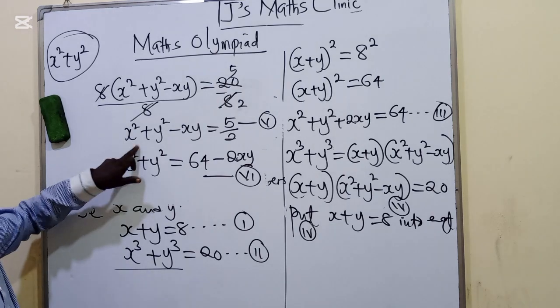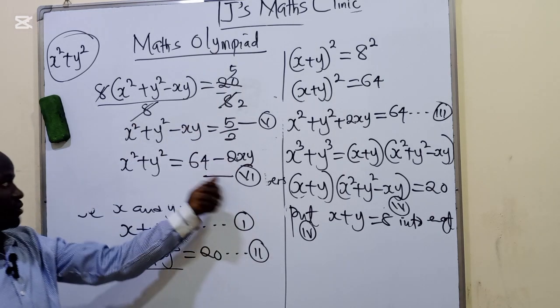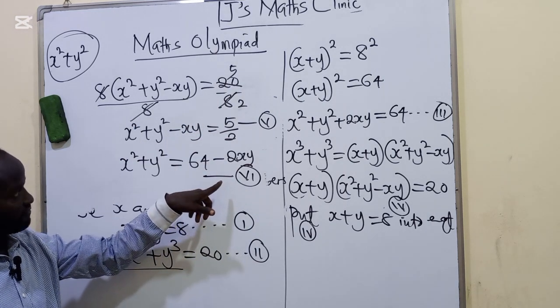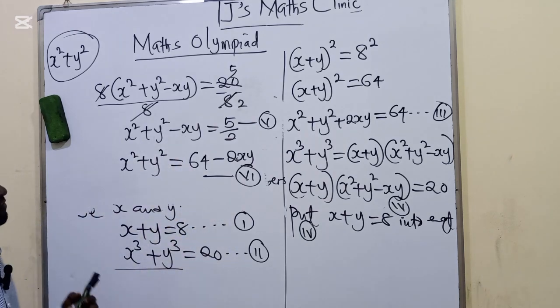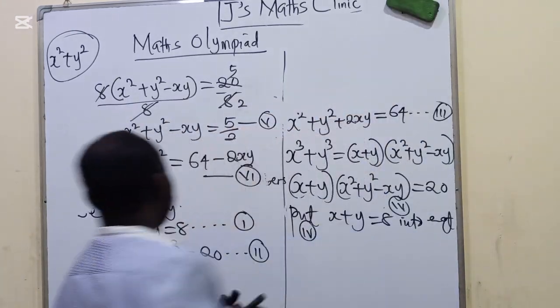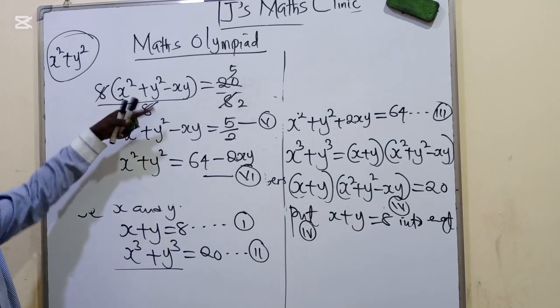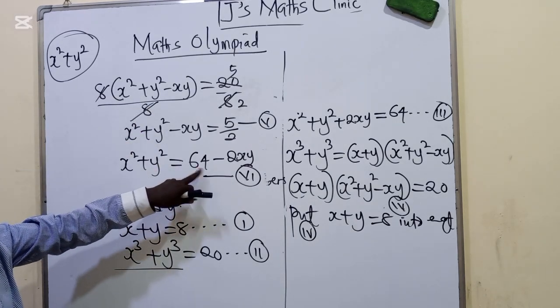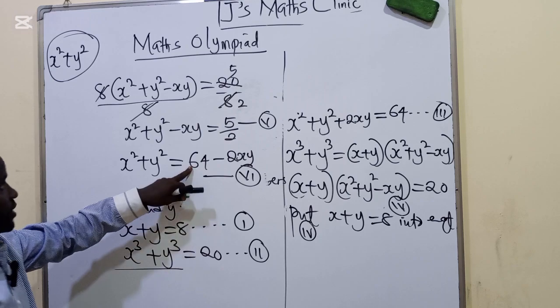And in place of this x squared plus y squared in equation 5, we can substitute equation 6 into 5, such that we'll replace x squared plus y squared with 64 minus 2xy.